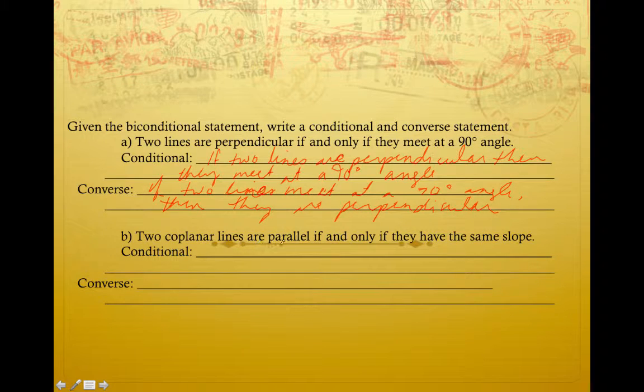Two coplanar lines are parallel if and only if they have the same slope. So if two coplanar lines are parallel, then they have the same slope.